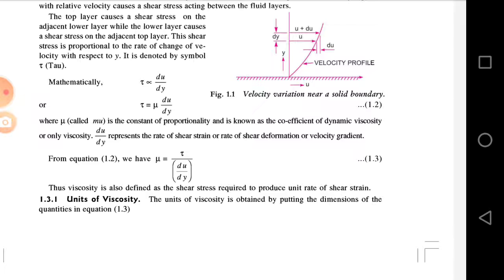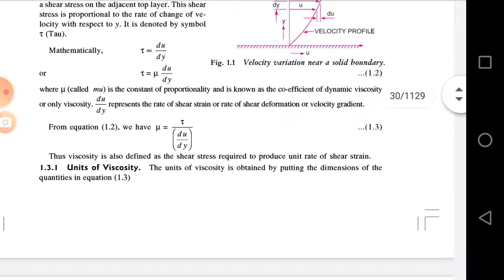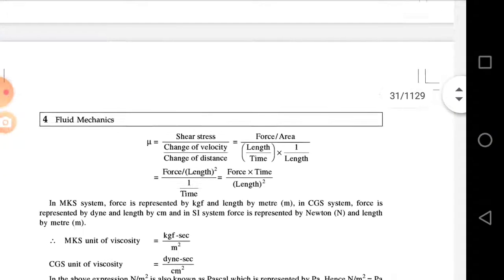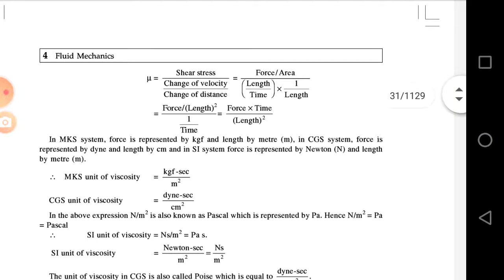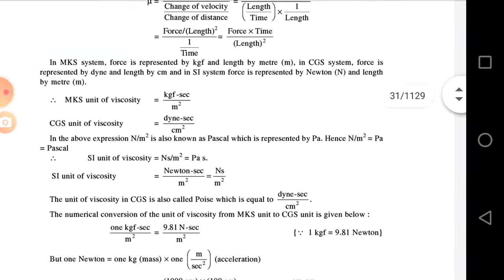And du by dy may be taken as the rate of shear strain. Units of viscosity: you have to see that the MKS system unit is kgf second per meter square. CGS unit of viscosity is dyne second per centimeter square.